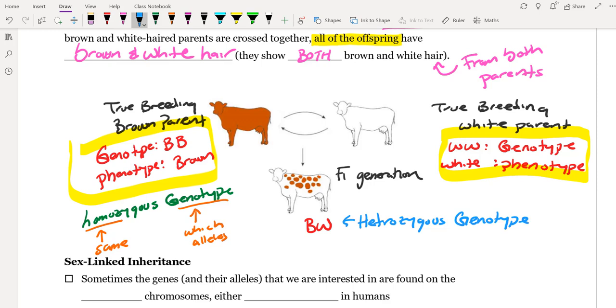Right? And what is expressed? Brown and white. They're different. That's your phenotype. So 100% the new expression of a trait.